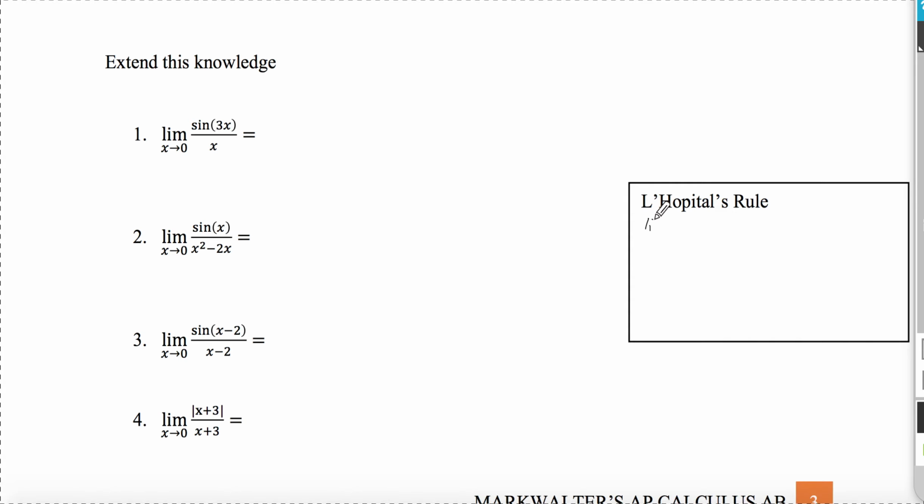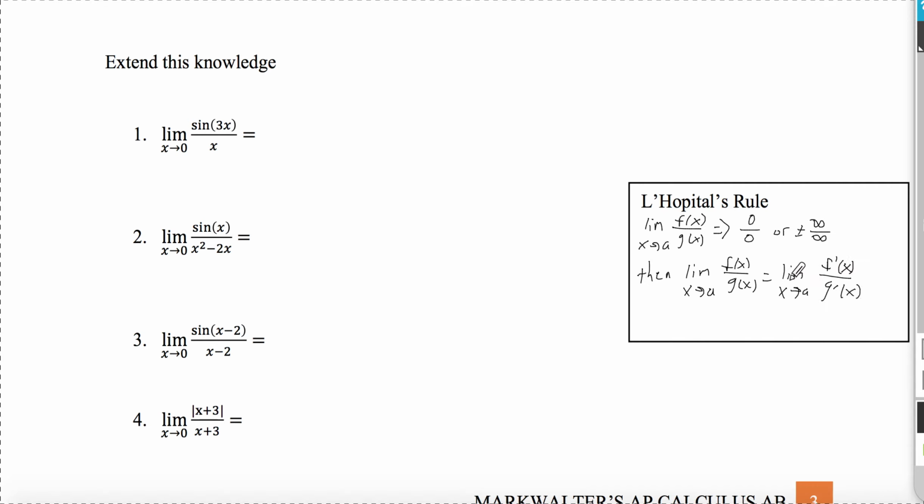Again, L'Hopital's rule says, if you have a limit that you're trying to evaluate of some rational thing, and it gives you 0 over 0 or plus or minus infinity over infinity, and some other possibilities, but for now this is what we'll use, then the limit as x approaches a of f of x over g of x is going to be equal to the limit as x approaches a of, if we take the derivative of the top and the derivative of the bottom and try that limit again.